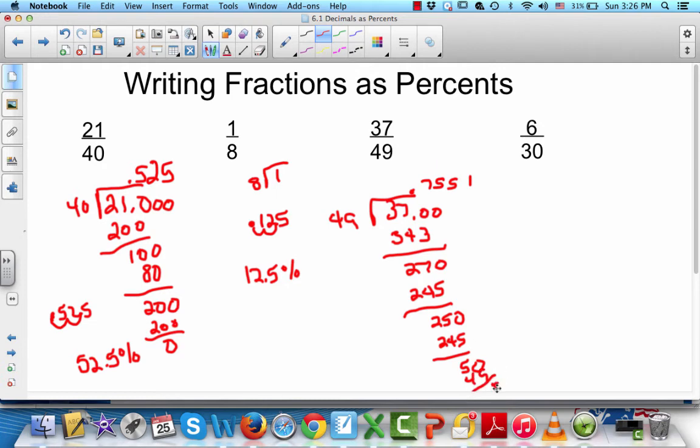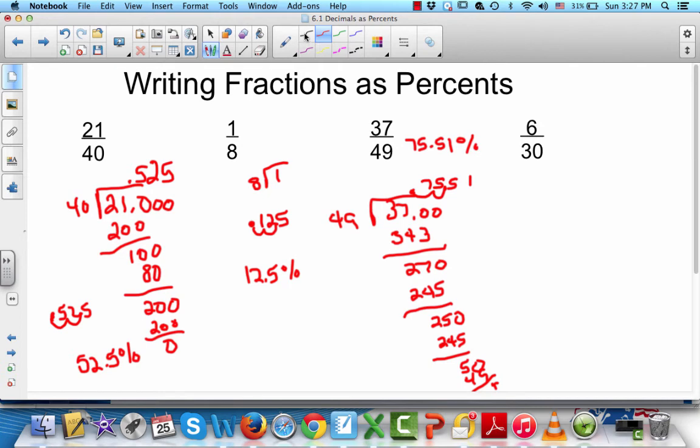And we'll have something left over, but we just want to go to the nearest tenth of a percent. So up here we have our decimal here. We're going to move it 2 places to the right, and that gives us 75.51%. And I want it to be to the tenth.